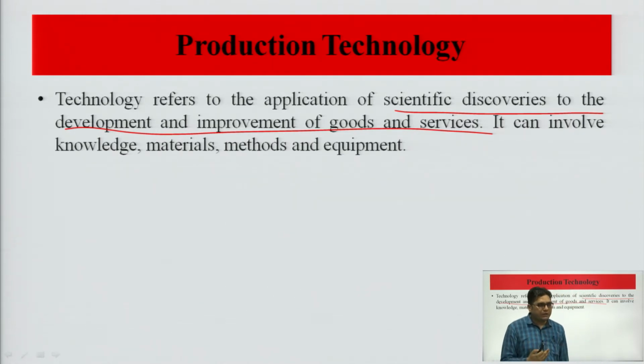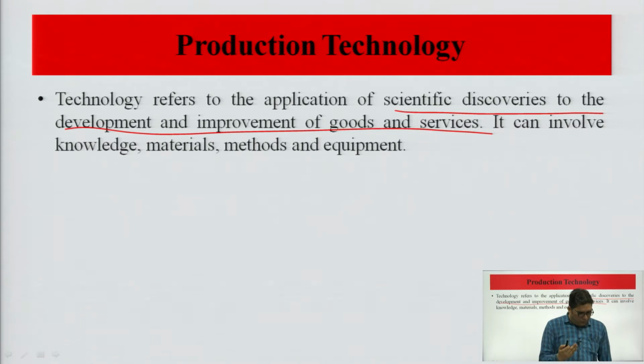So, production technology indicates that as an organization, we need to ensure that we have advanced technology in our units or manufacturing processes, which can ensure that the productivity of the total organization is high.